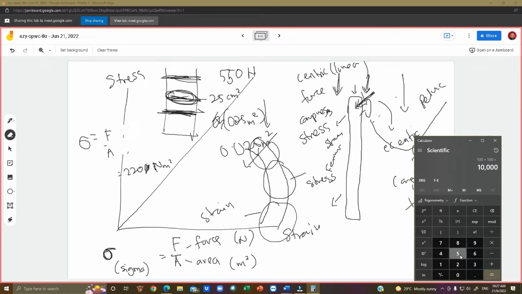Right, so there will be 25 centimeters square. 5 times 5. 0.5 times 0.05. 0.05. Okay.